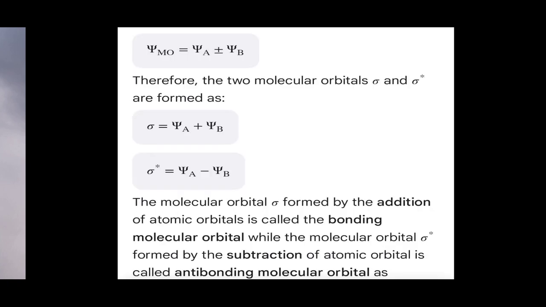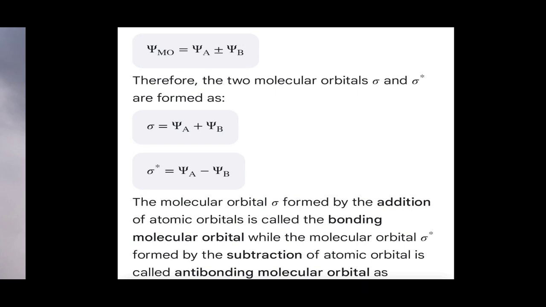So, a molecular orbital arises by adding and subtracting the wave functions corresponding to atomic orbitals. Here it adds, and in the case of anti-bonding molecular orbital, it subtracts.